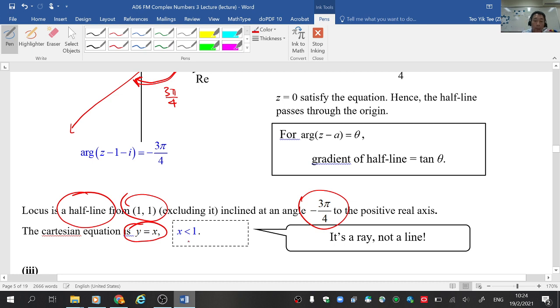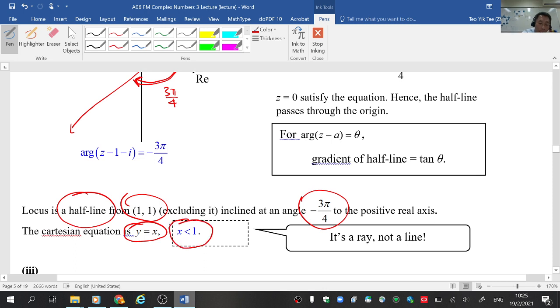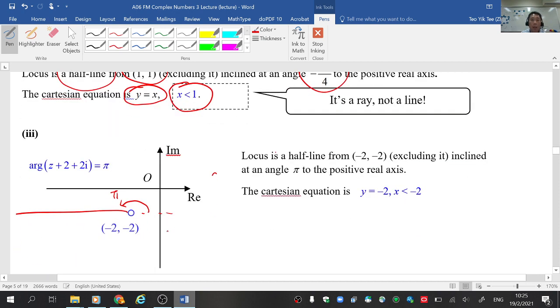But what is very important, like your functions, you must tell me when it is valid. It is only valid when x is smaller than 1, because it's actually a half line. So I cannot take y equals x indefinitely. I can take y equals x with a certain domain of x values only. Similarly, for this example, the Cartesian equation is y equals minus 2, where x is smaller than minus 2.